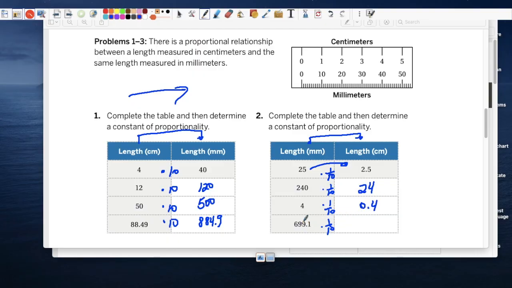If you had $699.10 and I took 1/10 from you, I would have taken $69.91. So if this is the same relationship, same numbers, same table, we can say that going one way, the constant of proportionality is 10, and going the other way, the constant of proportionality is 1 over 10.